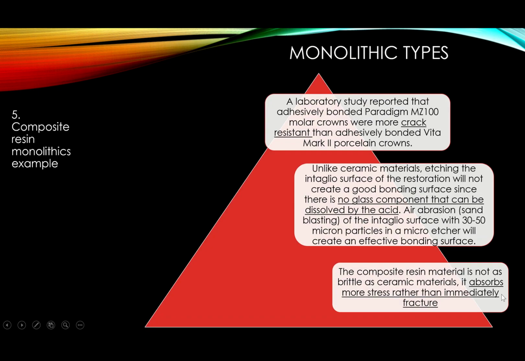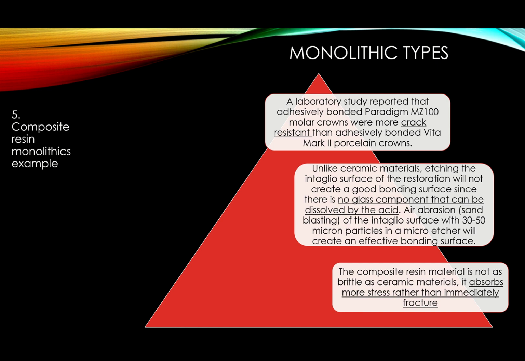For example, this has more crack resistance than an adhesively bonded Vita Mark II porcelain crown, which is type 4, a high glass ceramic. Now, there is no glass component that can be dissolved by the acid. That means there's no point in etching such a monolithic prosthesis.